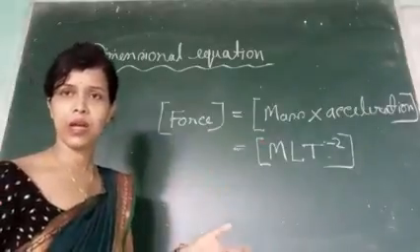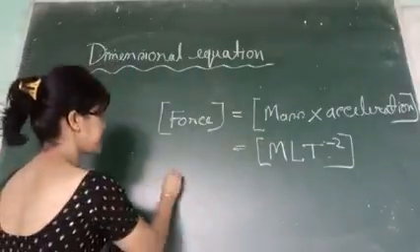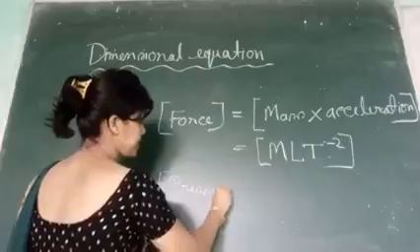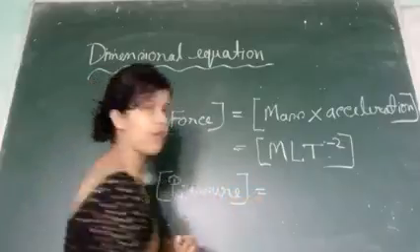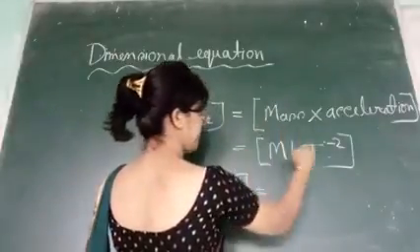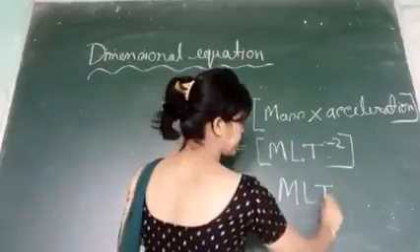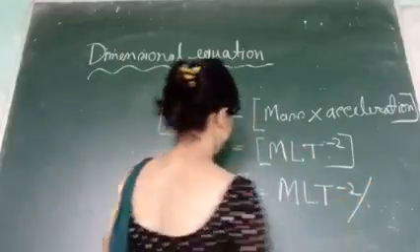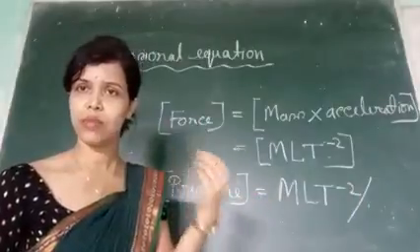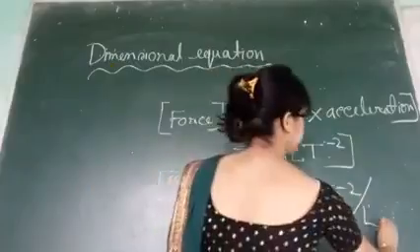Similarly, we can get the dimensional equation for pressure also. Pressure means force divided by area. For force, we already have the dimensional equation M L t to the power minus 2, divided by area. For area, the dimension is L square.